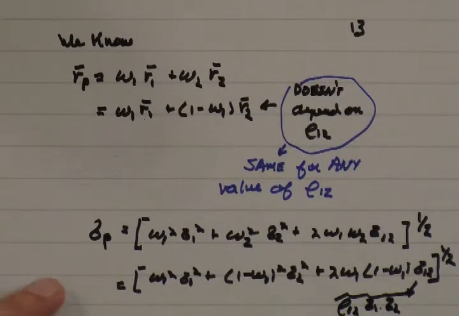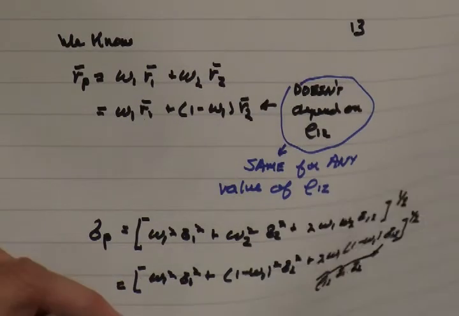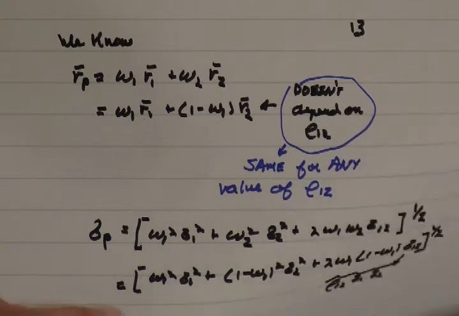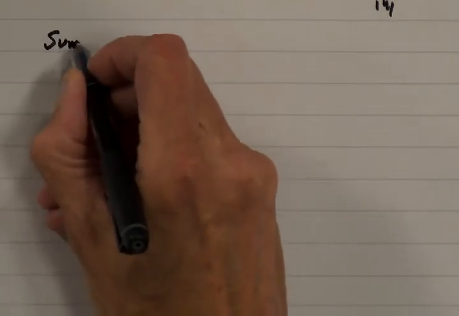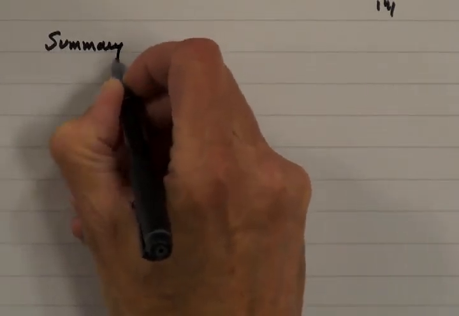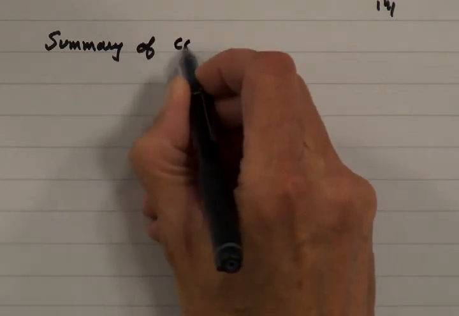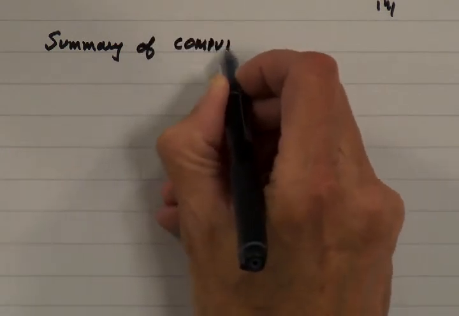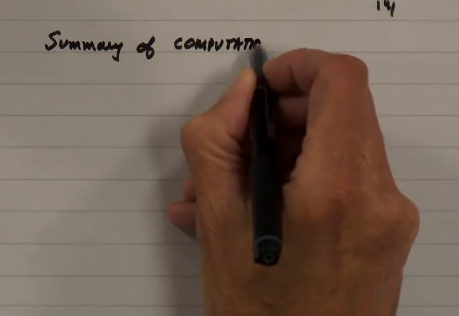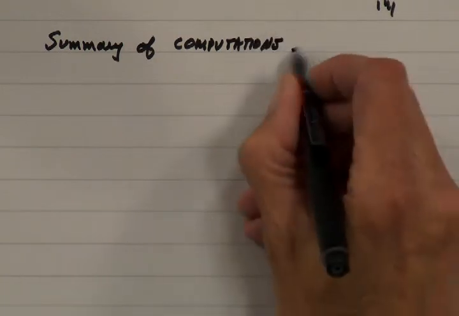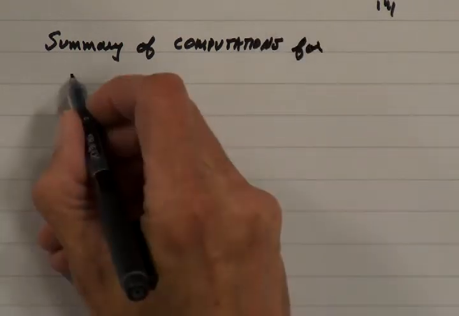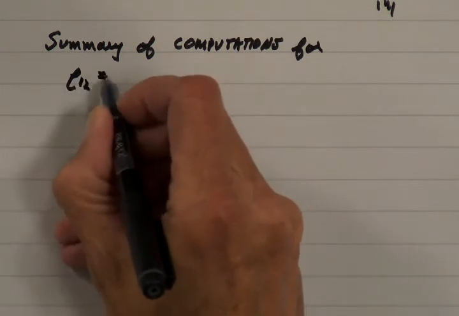So let's summarize our calculations for the case rho 1 2 equals plus 1.